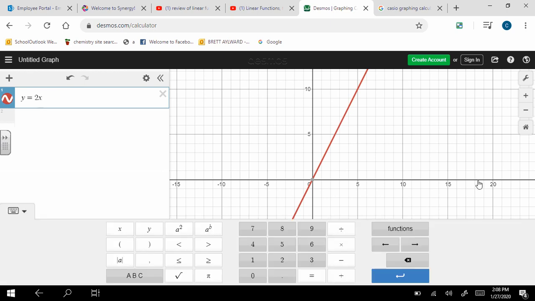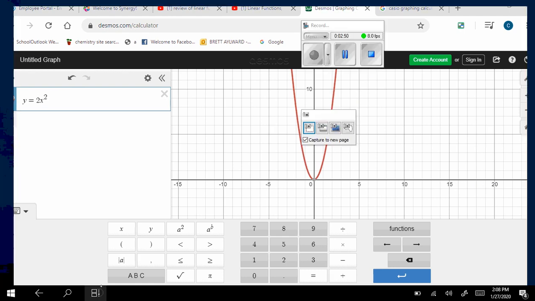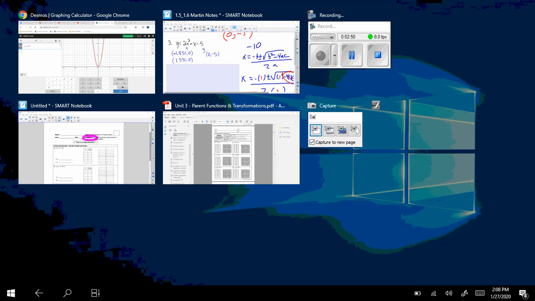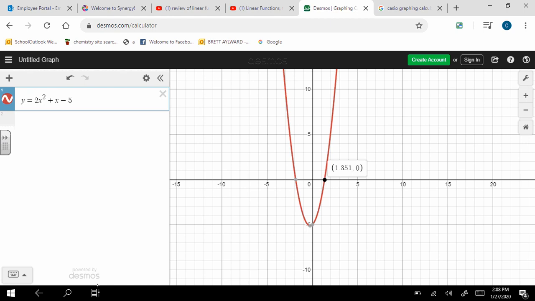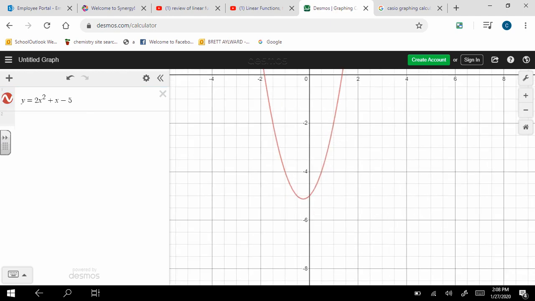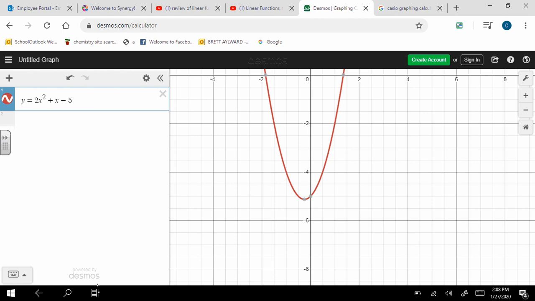Wait, let's get the Desmos calculator up. 2x squared plus x minus 5. We can beat this thing. Let's see our two x-intercepts. Let's see our y-intercept.